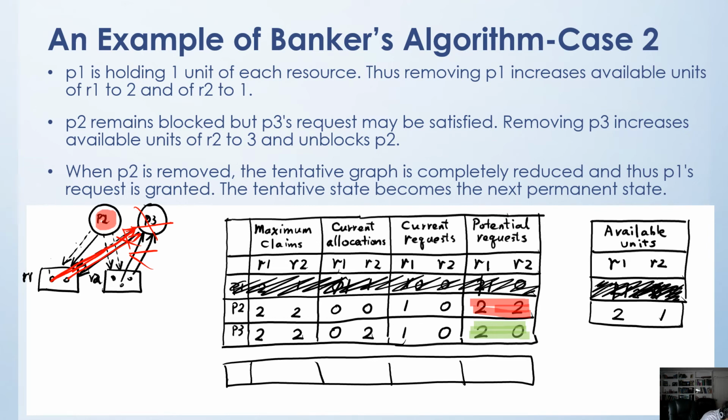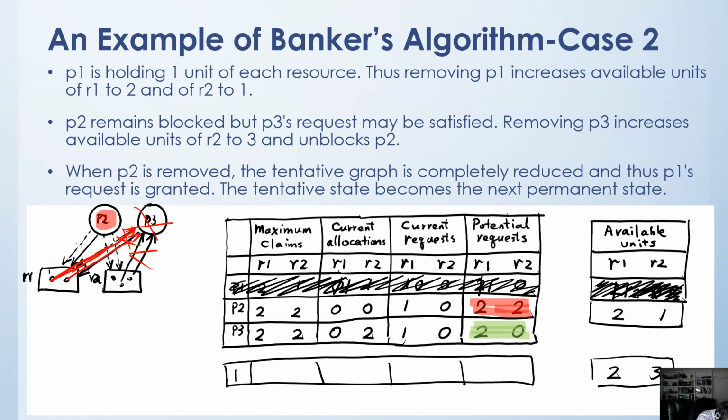So if P3 is removed, you're going to free up 2 units of resource for R2 and free up additional 2 units for R1, additional 2 units for R2. So you're going to have 2 units for R1 and 3 units for R2.